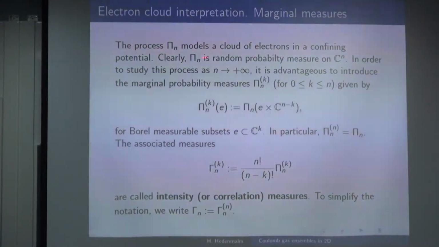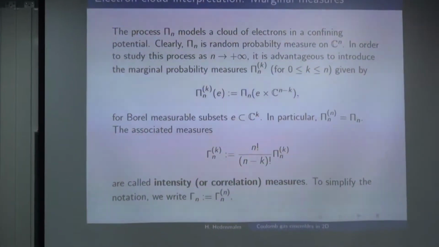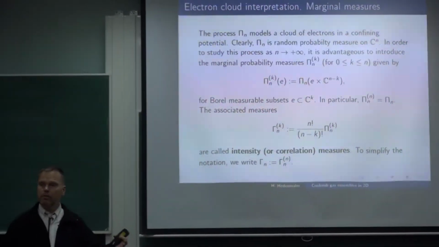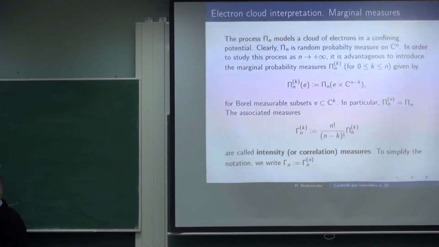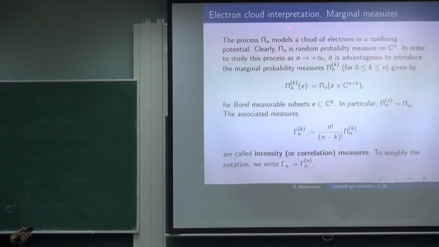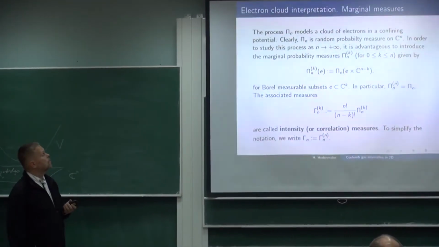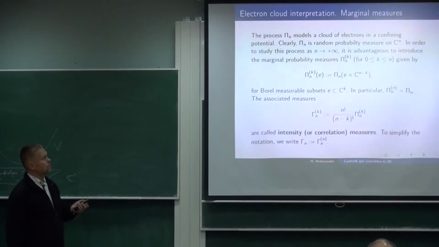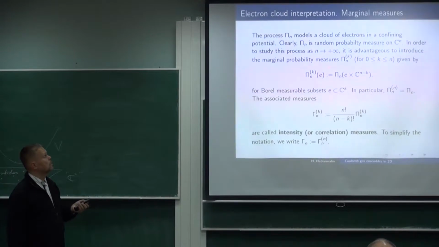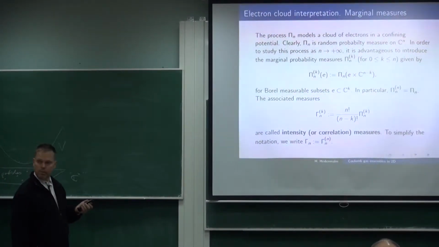Okay, to analyze this process, Pn, which gives the probability of a given configuration infinitesimally, we would like to understand what's happening when you aggregate a lot of particles. Then it becomes impractical to talk about this probability Pn itself. So to get something more manageable, we deal with the so-called marginal probability measures, where we restrict to the first k variables.